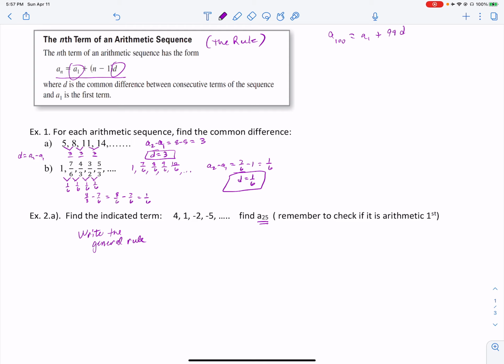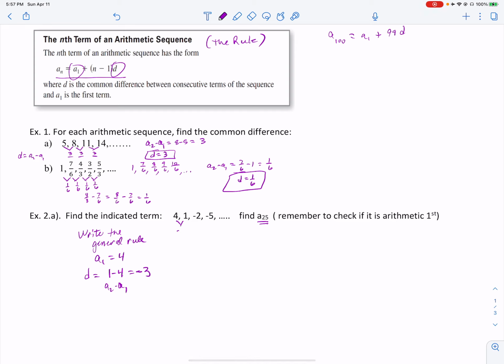And I already know that a sub 1 is 4, and the common difference I can get by taking 1 minus 4. Remember, it's always that a sub 2 minus a sub 1. Or for that matter, it's any two consecutive terms, but it's always the one on the right minus the one in front of it. So 1 minus 4 is negative 3. This sequence is going down. That means that the common difference is negative.